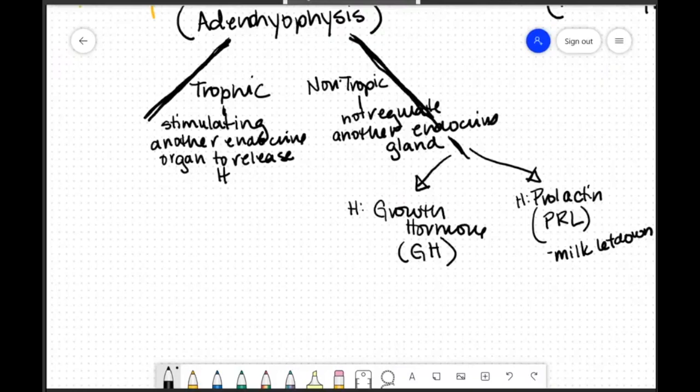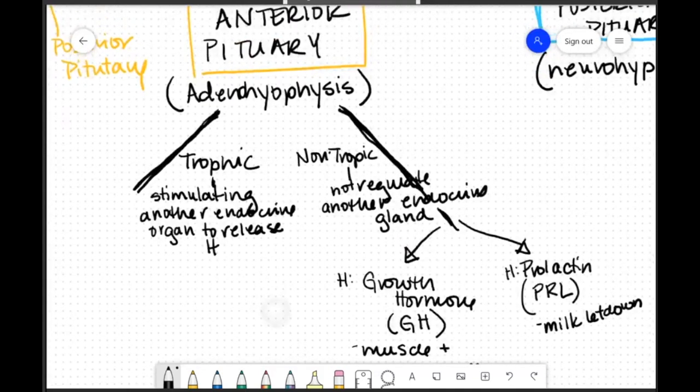Growth hormone is responsible for exactly what is in the name: muscle growth and bone growth. If you think all the way back to first semester when you learned about the skeletal system and growth of the bones in development, growth hormone probably came up because it is responsible for muscle and bone growth. So those are the two non-trophic hormones from the anterior pituitary.